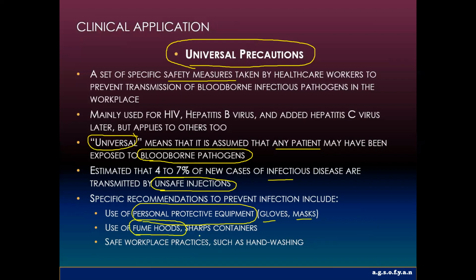Maybe it has an infectious disease that can be transferred easily through the blood. Also, there are specific containers used for throwing away our sharp objects. And also safe workplace practices such as hand washing.